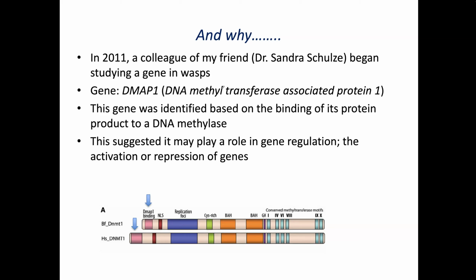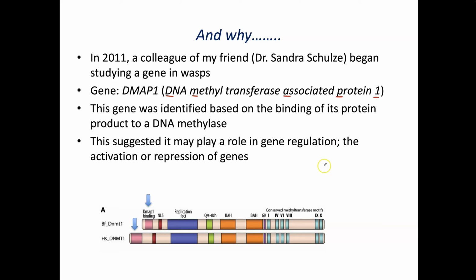She was basically on the committee of a master's student who was studying a gene in wasp, and so she was of course helping advise about the research, and it turned out that the gene was called DMAP1. So DNA, this is how we name it, DNA methyltransferase associated protein 1.